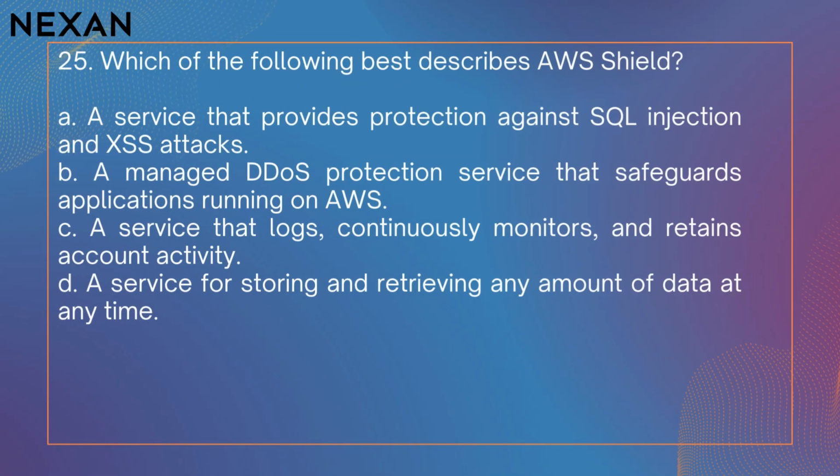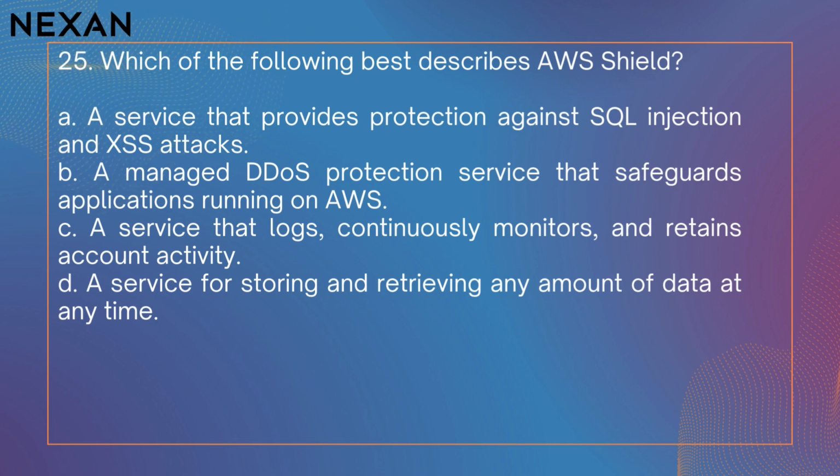25. Which of the following best describes AWS Shield? A. A service that provides protection against SQL injection and XSS attacks. B. A managed DDoS protection service that safeguards applications running on AWS.